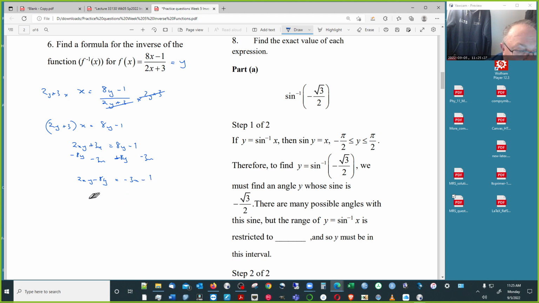And you'll have to take your y out. Divide both sides.